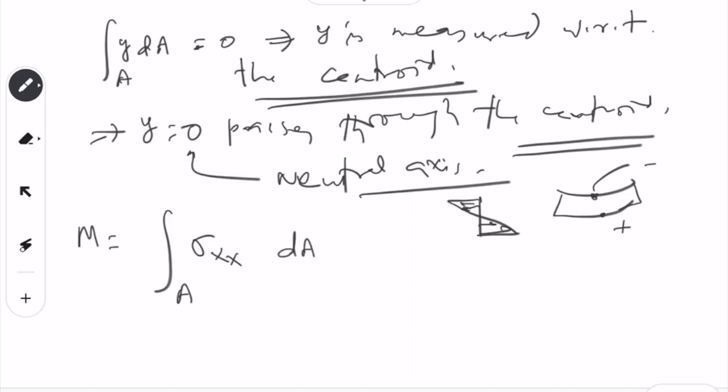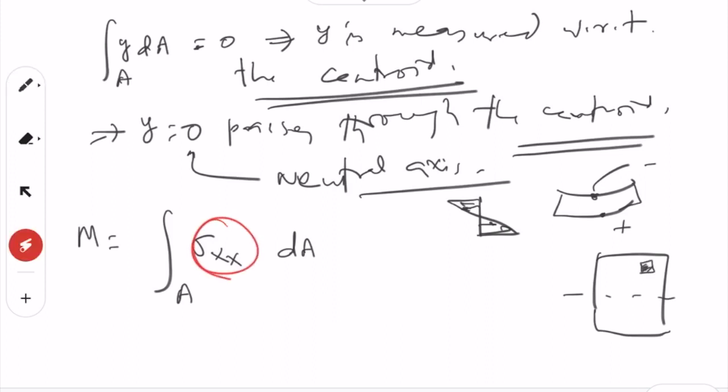So multiplied by dA makes it a force. Let's say we are talking about this point: sigma xx multiplied by dA is the force at that section. This is the neutral axis, and dA is the small area here, multiplied by y, from here to here.